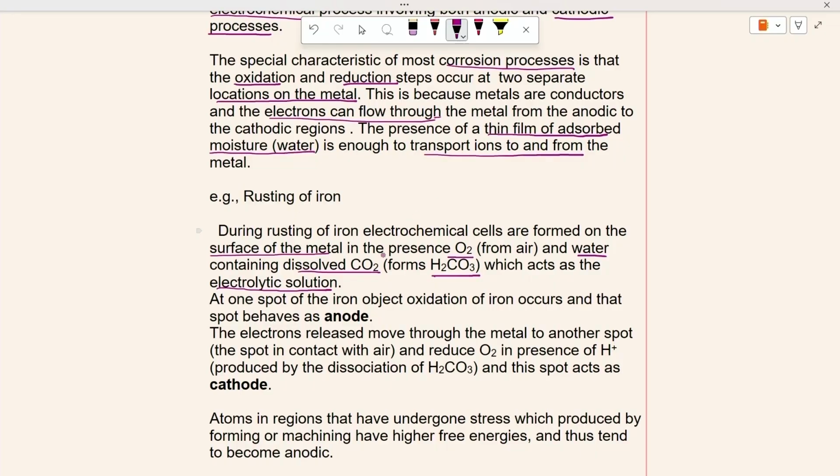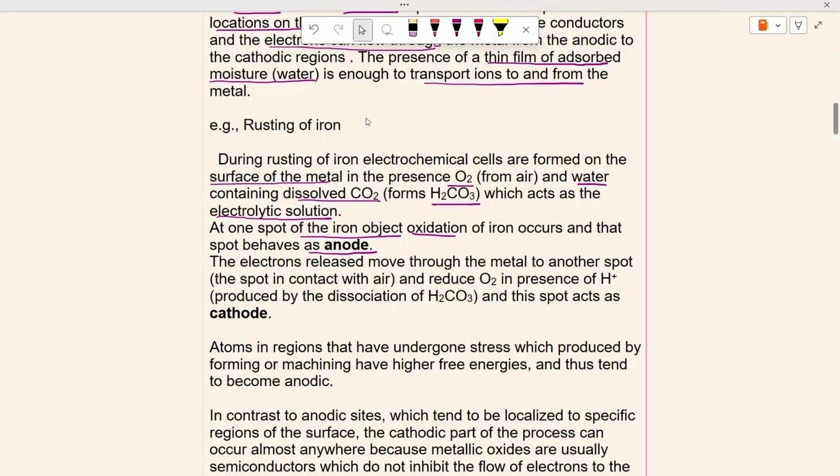Now, if you have an iron object, at one spot of the iron the oxidation occurs, and that spot behaves as the anode. Then, at some other spot in the metal, oxygen should be available, and H plus ions should also be present, which come from the dissociation of carbonic acid.